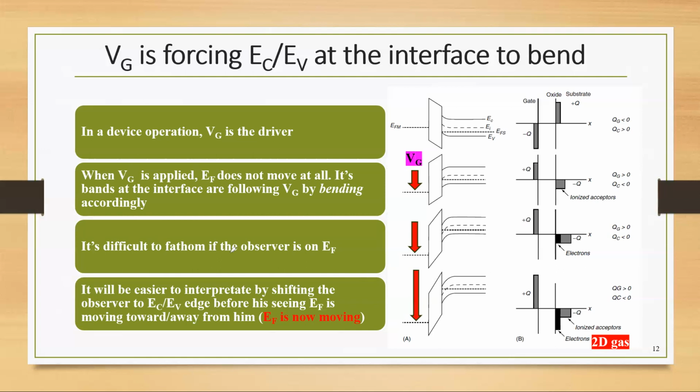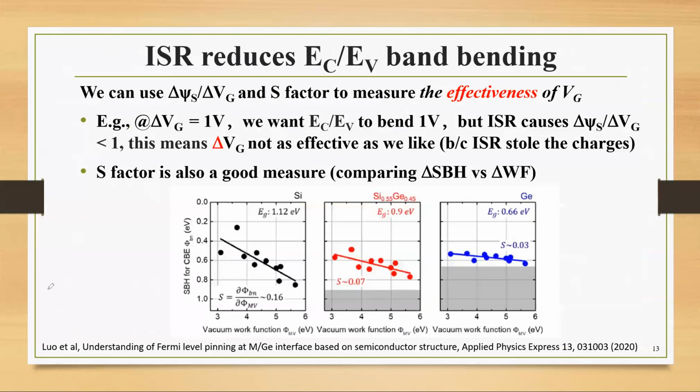It's difficult for a device person to explain that the observer is on the Fermi level, so we put it on the other side. We interpreted the whole thing by shifting the observer to the band edge, and then he sees the Fermi level moving away from him. So the Fermi level is now moving. This explains what people say about Fermi level pinning, because the band is not bending.